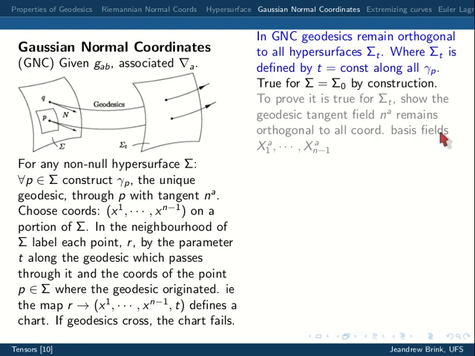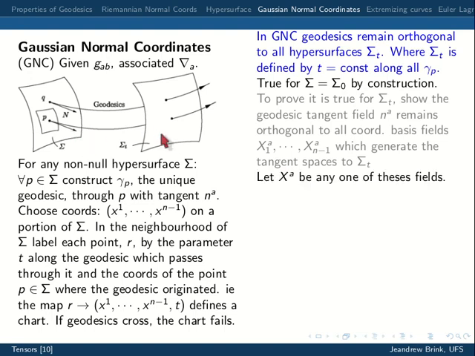The way you do it is you start on your slice, you work out all those basis vectors that depend on the coordinates you chose for your initial slice, and then you use them to generate the tangent space at a later time.